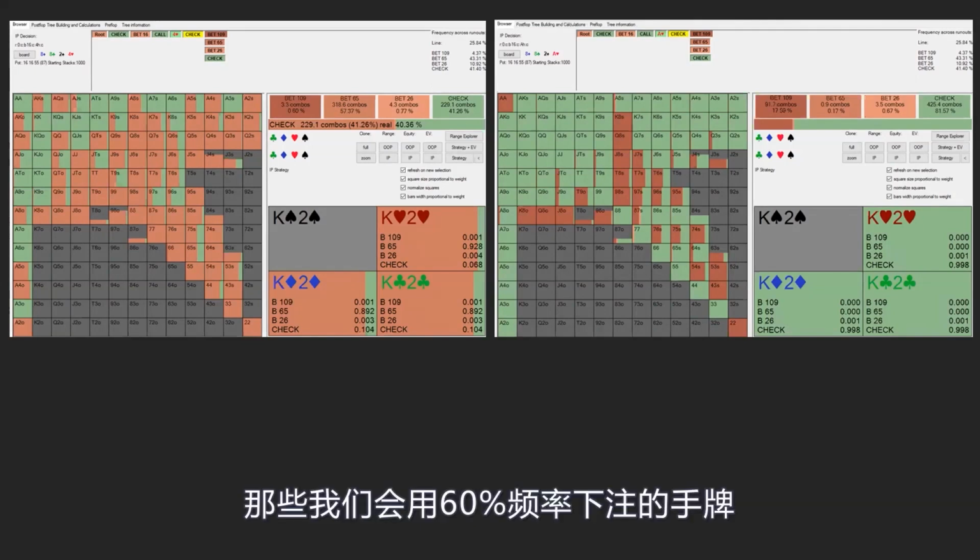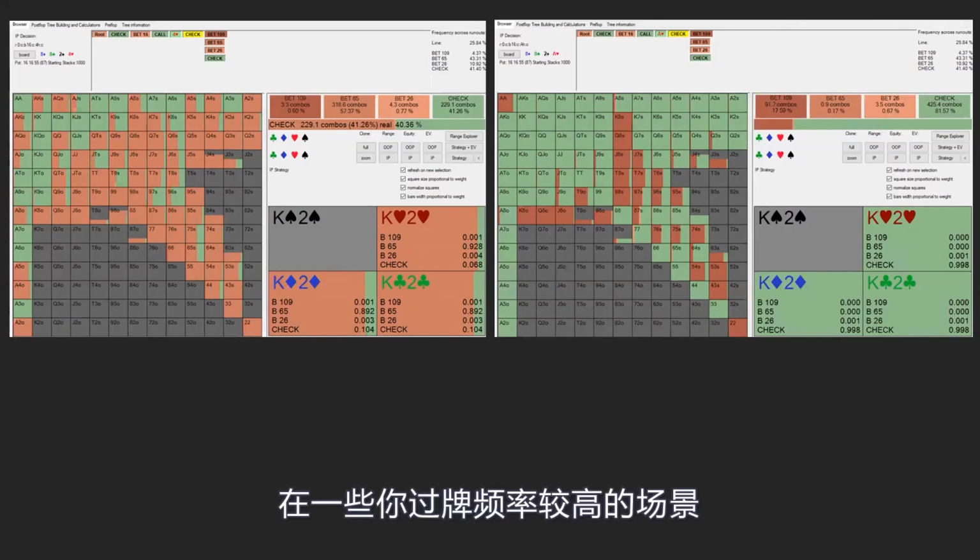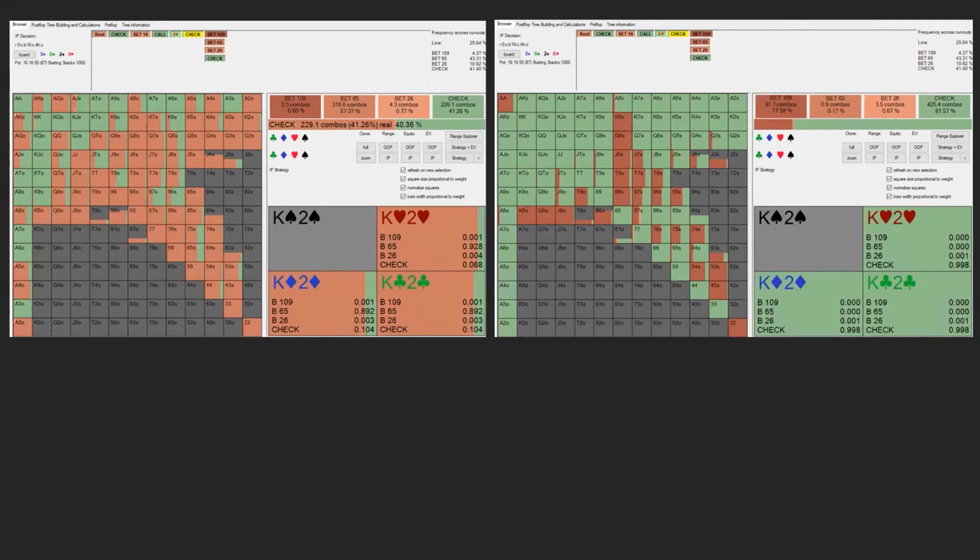So let's say we would bet something like, I don't know, a bit less than 60%, then those hands would get fast played a bit less. And in a spot where you would check a bit more, then you would start slow playing a bit more as well.